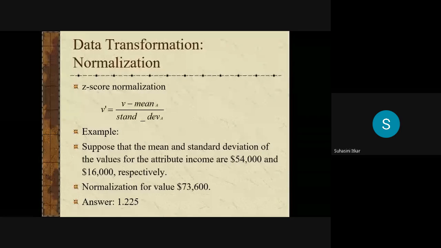For the z score normalization, I have already mentioned the equation.